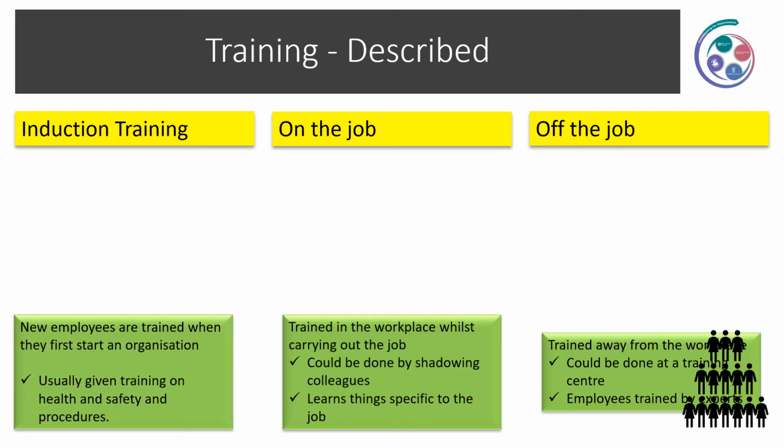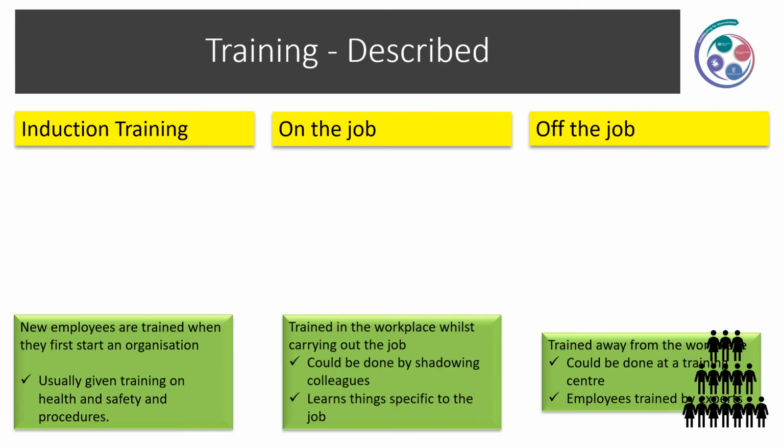So induction training is when new employees are trained when they first start. They're usually given training on health and safety procedures. They may be given training on where the staff room is, company policies and procedures.